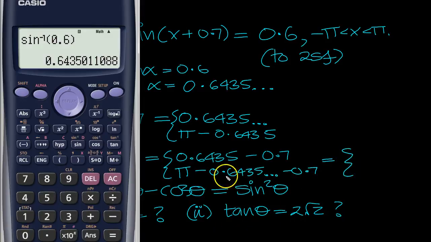So let's have a look at the ranges then. There it is in the calculator, nice and accurate. So that'd be that answer minus 0.7.